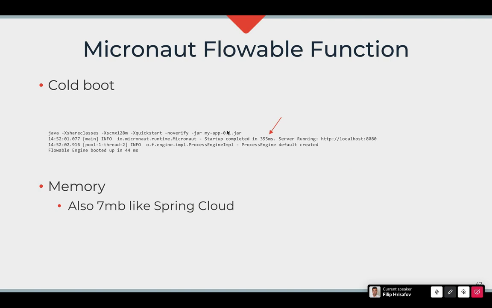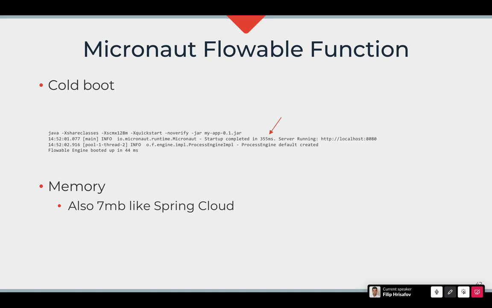How fast is it? Because that's, of course, a question that people want to know. Well, using that same OpenJDK with all the settings that were found to be the fastest for our use case, this booted up within 355 milliseconds. That's quite an impressive number. It makes a lot of sense if you look at the code and the way Micronaut does it versus Spring Boot.